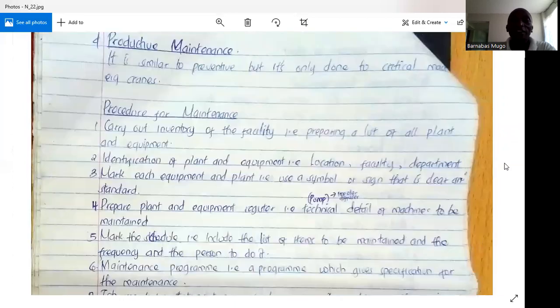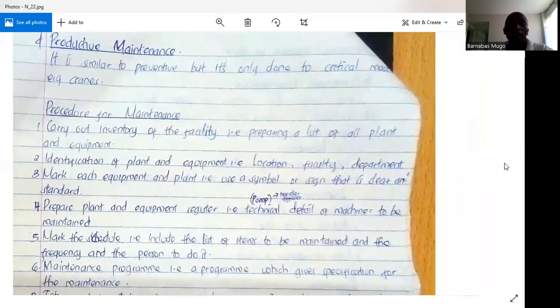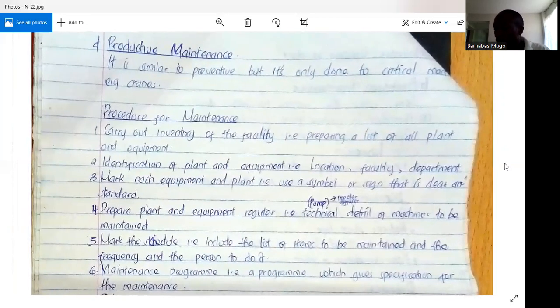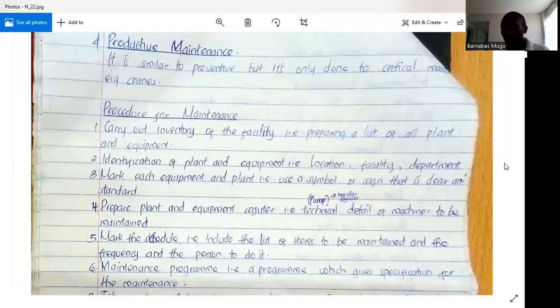And then we have the last type of maintenance, which is called productive maintenance. It is similar to preventive maintenance, but it is only done on critical machines, such as the crane.